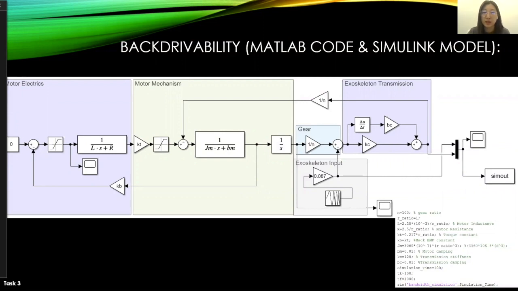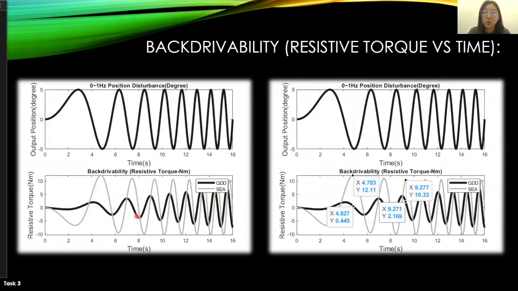After running the model, we can see the two different actuators. The gray one is the series elastic actuator, and the black curve is the quasi-direct drive actuator. From this graph of resistive torque and time, the quasi-direct drive produces a lot less resistive torque compared to the series elastic actuator at the same position.